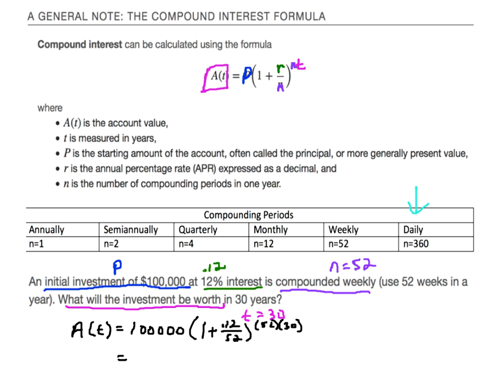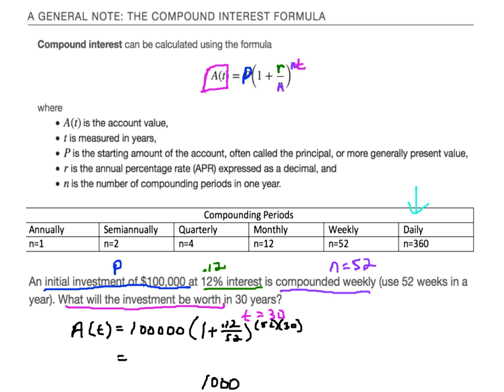So let me put this in, and then I'll write on the screen how I put this into my calculator. So 100,000 times 1 plus, I'm going to use an extra set of parentheses to hold this fraction together, 0.12 divided by 52. When in doubt, use parentheses. I'm parentheses happy. And then I'm going to raise that to the parentheses 52 times 30.